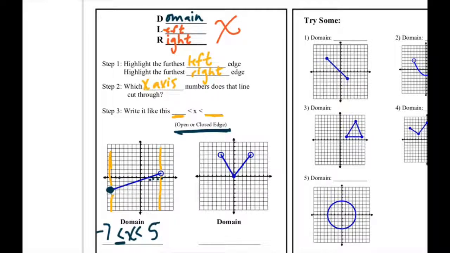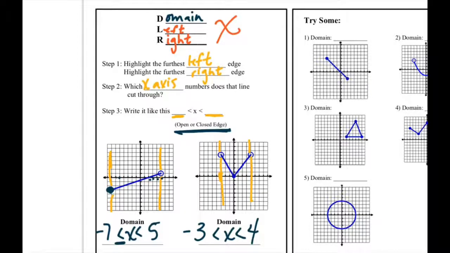So let's try the exact same thing. For domain, we highlight the left edge, and then we highlight the right edge. When I write domain, I always put an x between two numbers. The furthest left number is right here, that's the number -3. The furthest right number is right here, that's the number 1, 2, 3, 4.